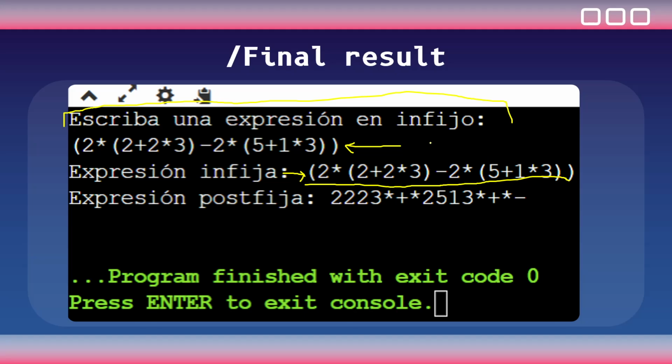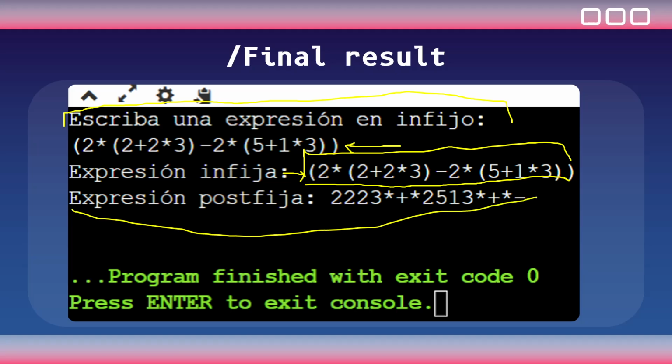The printed expression has no changes because we work with the stack and the buffered reader, okay? So this is the original expression, and this is the result as a string, okay?